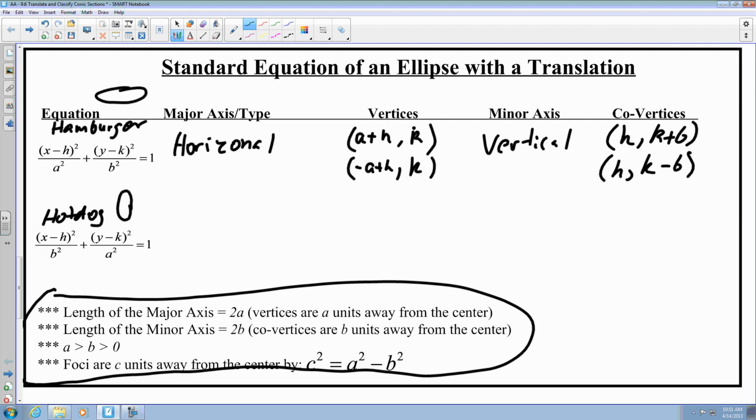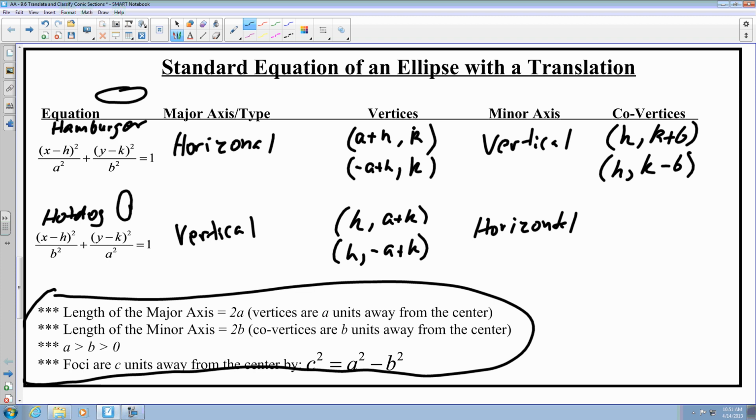Same thing goes for the hot dog one. This one's going to be a vertical. Our vertices here are going to be at h comma a plus k, and then h comma negative a plus k. Our minor axis will be the horizontal.